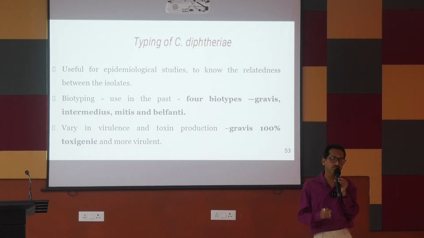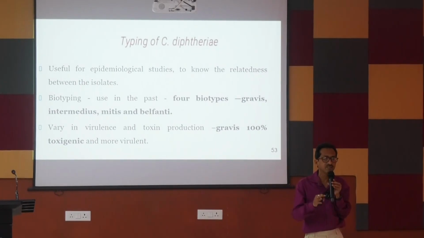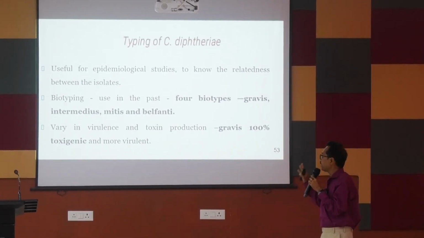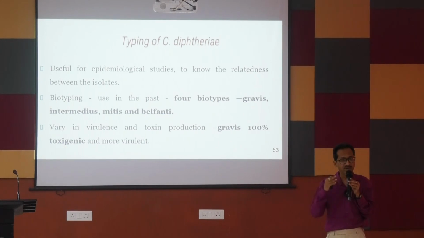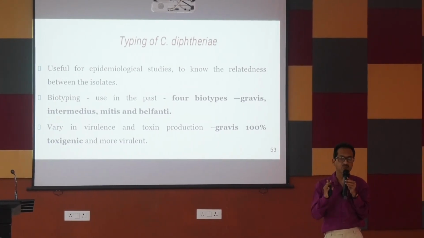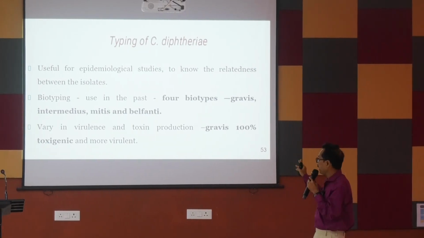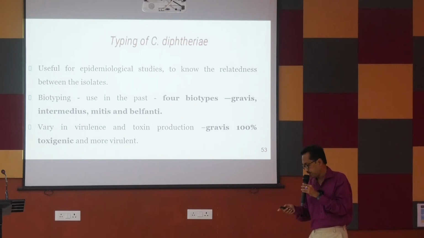Gravis usually produces the hemorrhagic type of disease, and mitis produces the obstructive type of disease. So gravis, mitis and intermedius, what is the difference in the clinical feature? Gravis usually produces hemorrhagic features and mitis usually produces obstructive features in the patient.